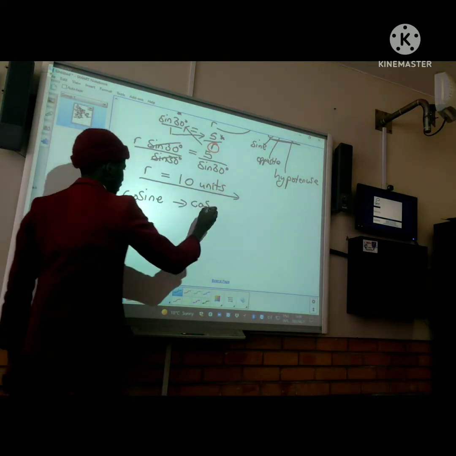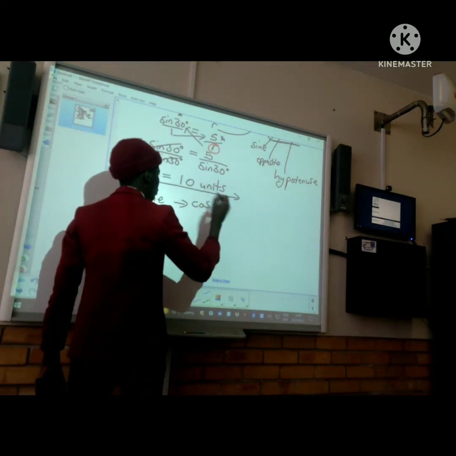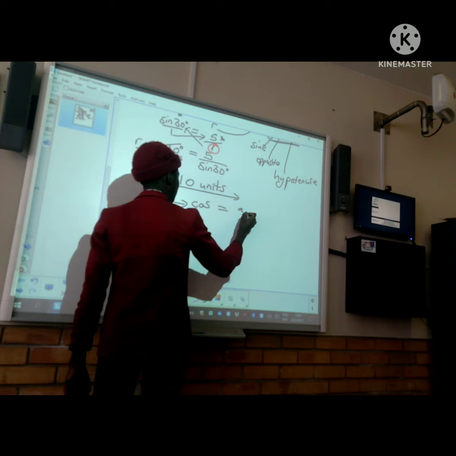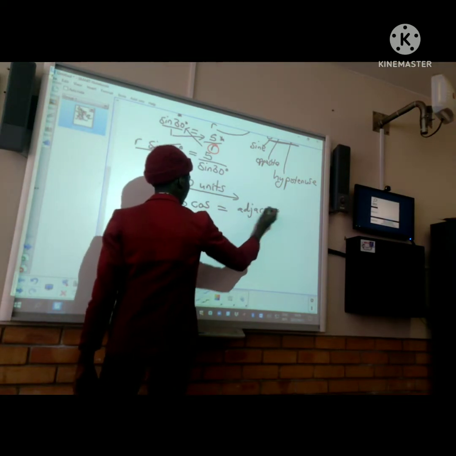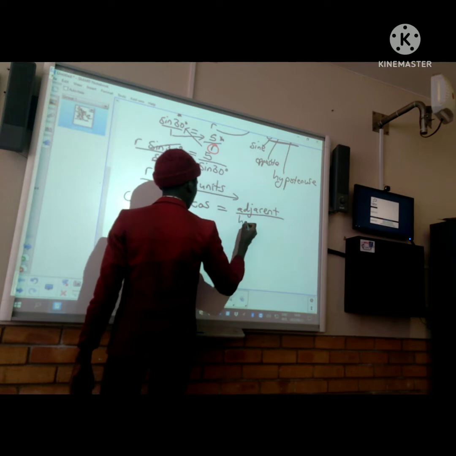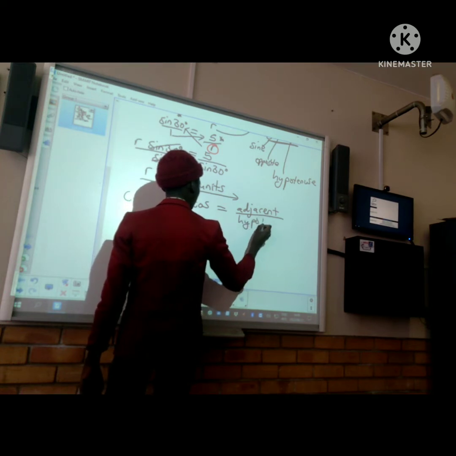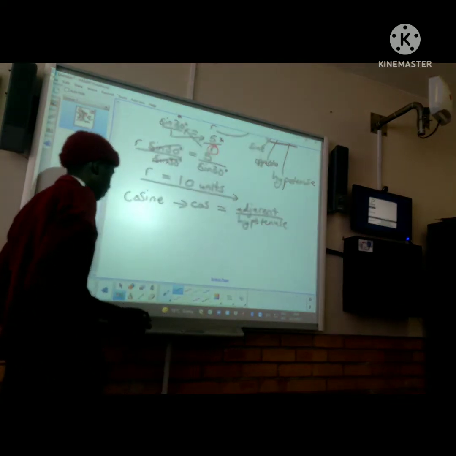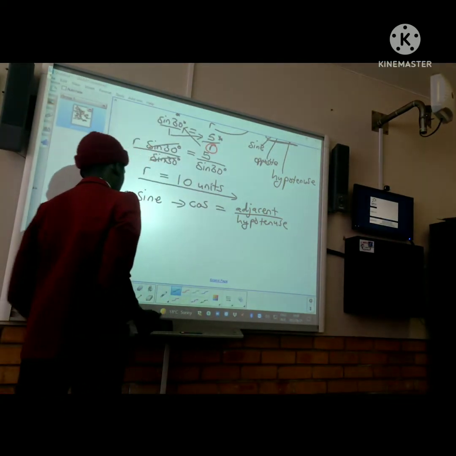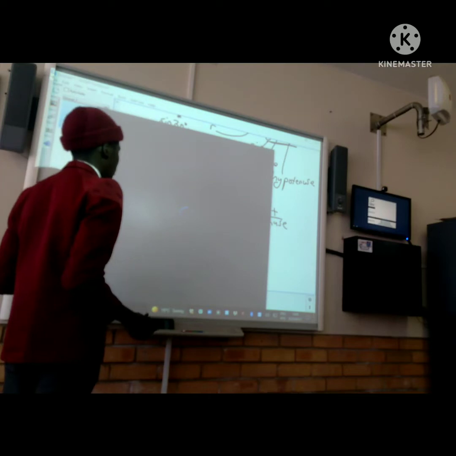So it is also the cos of an angle. So remember, trigonometry deals with angles. So cosine is equal to adjacent over hypotenuse, right? Adjacent over hypotenuse. So the cosine of some angle is equal to the adjacent side over the hypotenuse, right?